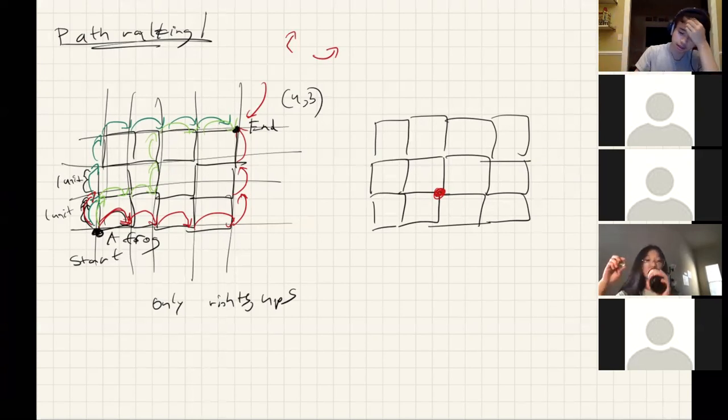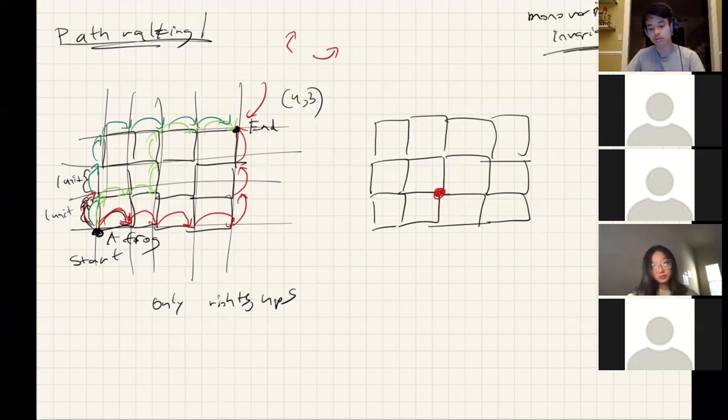This is called a monovariant, or just an invariant for short. So we're looking for something that always stays the same no matter what path the frog chooses. In this case, you might notice that the frog is always going to take 7 steps.